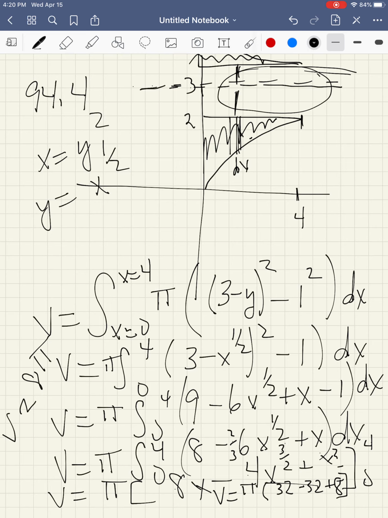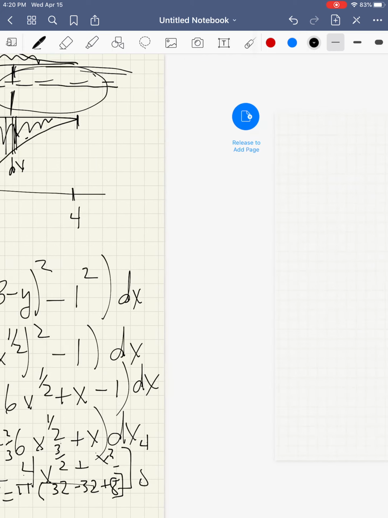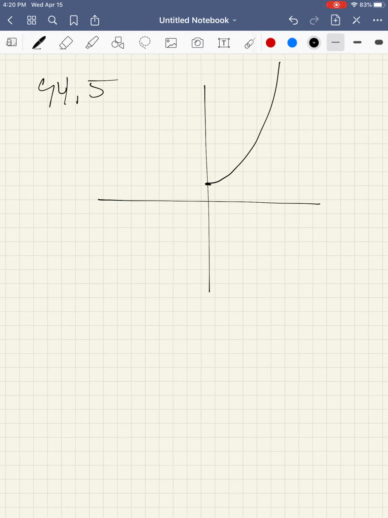All right, one more, page 484. It says, let R be the region bounded by y equals e to the x. Okay, y equals e to the x. E to the 0 would be 1, it starts at 1 and goes up like this.